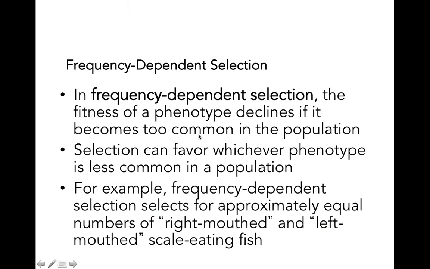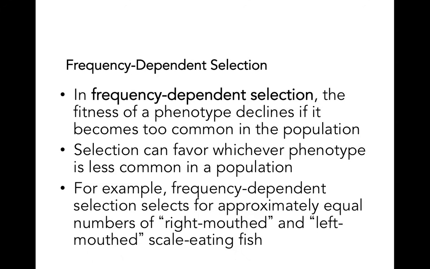In frequency-dependent selection, the fitness of one phenotype or another phenotype may be dependent on exactly how many individuals have that particular phenotype in a population. Another way of saying that is that frequency-dependent selection is kind of like the hipster selection. If something becomes too abundant in a population, it is no longer adaptive.